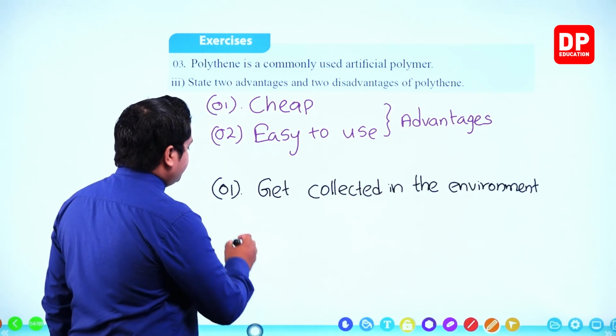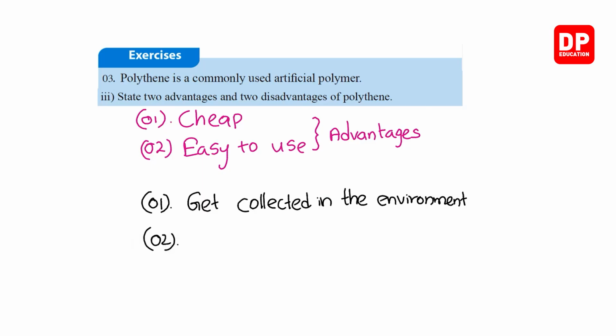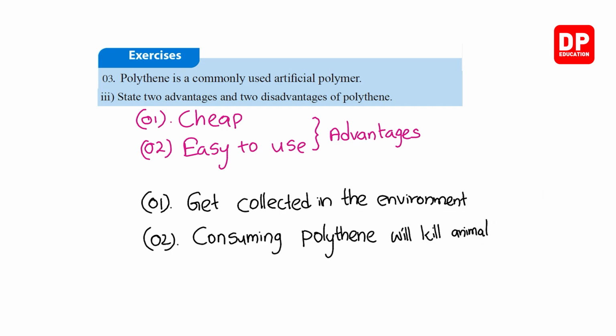Then number 2, consuming polythene can kill animals.